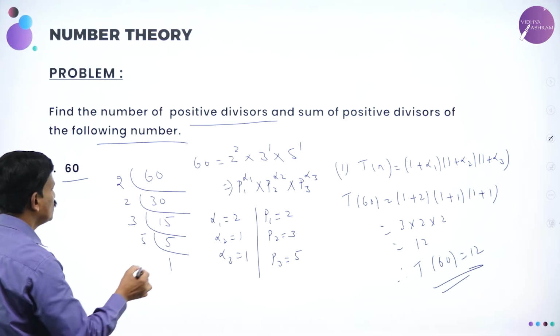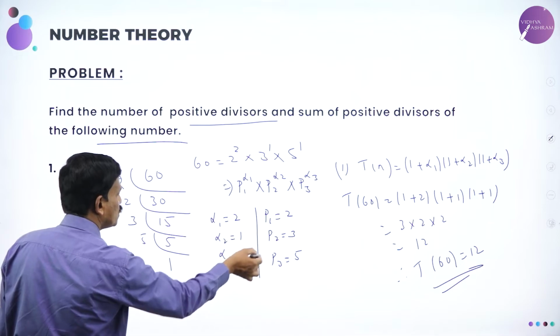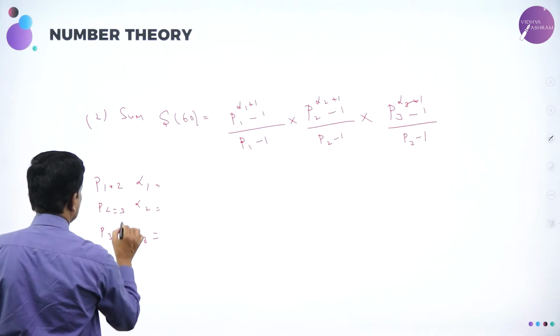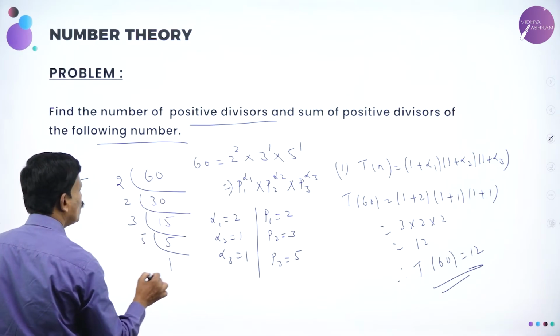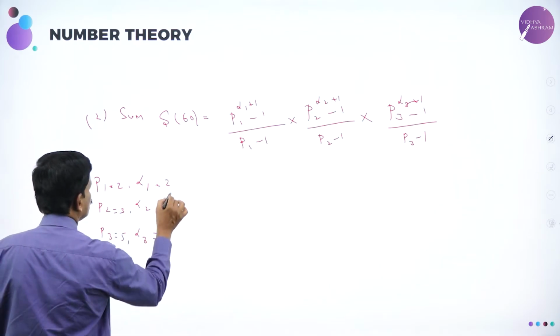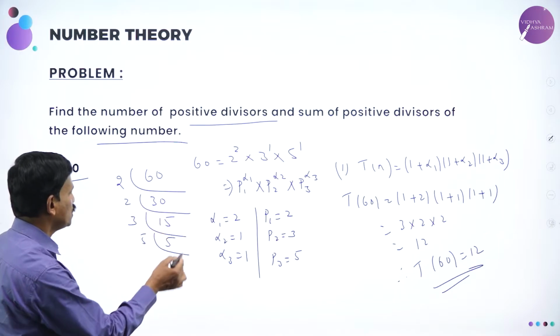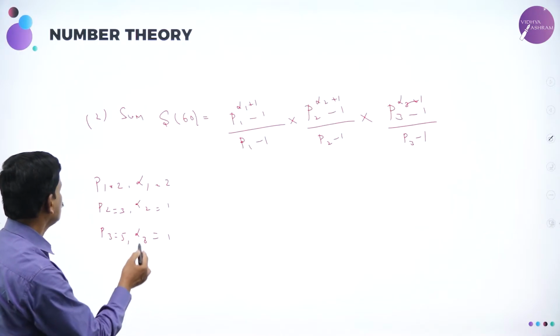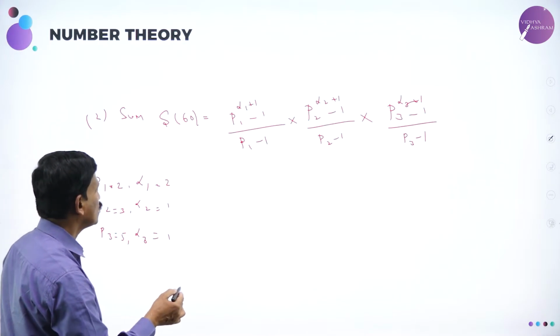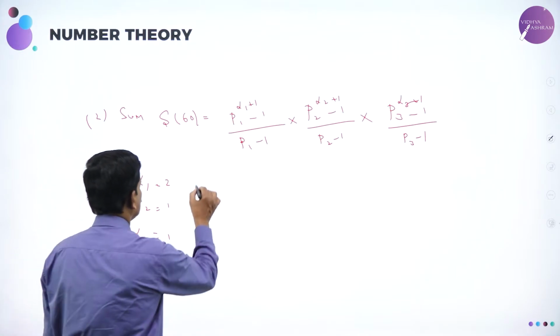P1, P2, P3 are 2, 3 and 5. Alpha 1, alpha 2, alpha 3 are 2, 1, 1. Now, this is the formula. Write down S of 60.